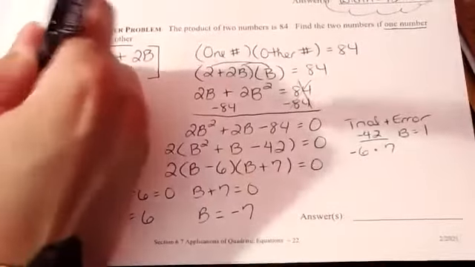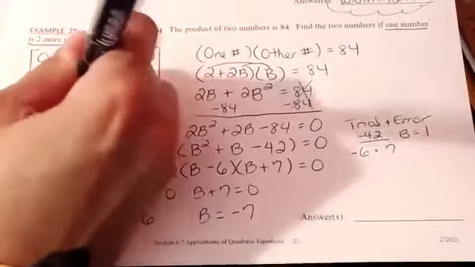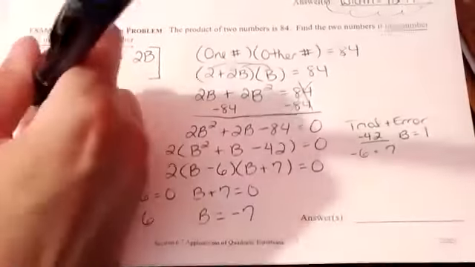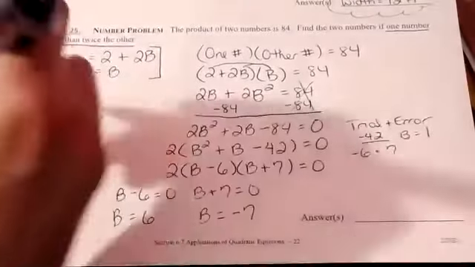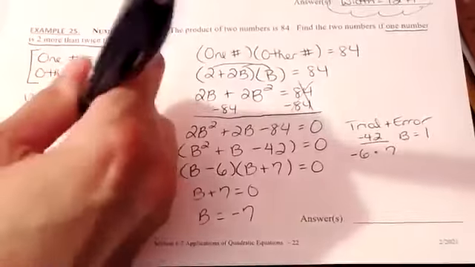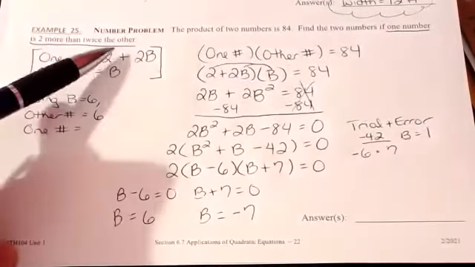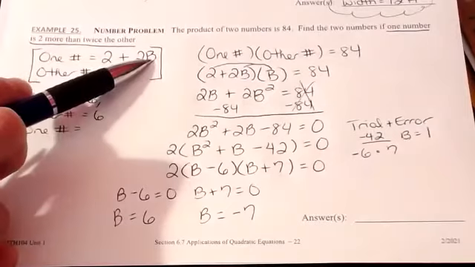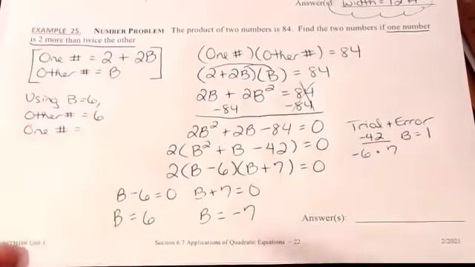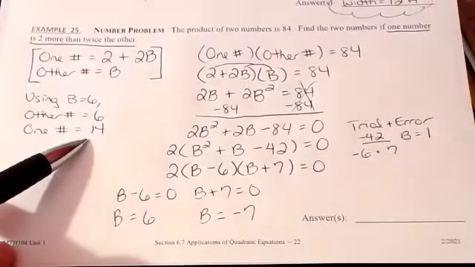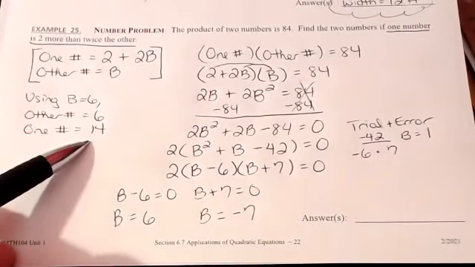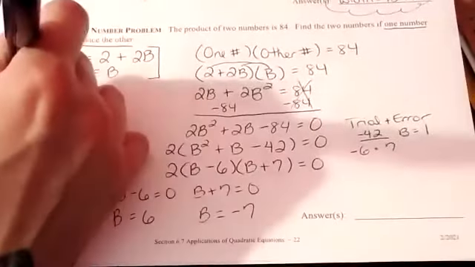Using b is equal to 6, that means the other number would simply be 6, and that means that one number would be 2 plus 2 times 6. 2 times 6 is 12 plus 2 is 14. So let's double check. 6 times 14 definitely gives us 84, and we see that one number is definitely 2 more than twice the other. So this one works beautifully.